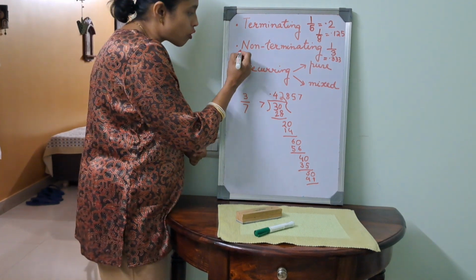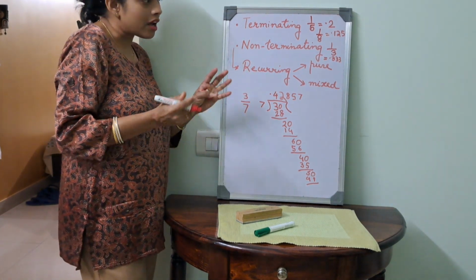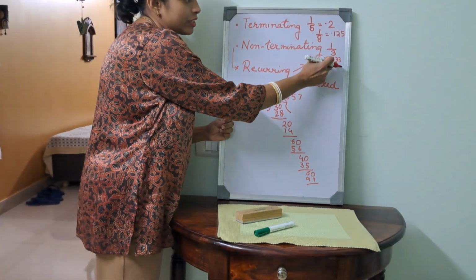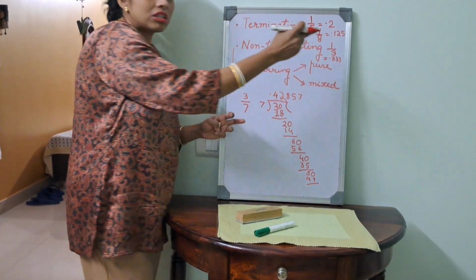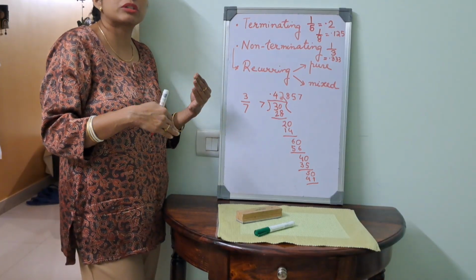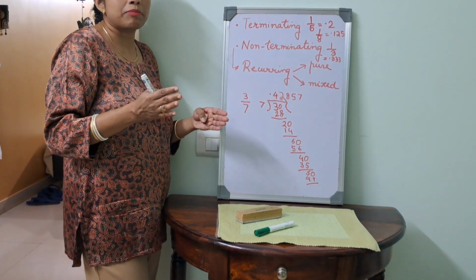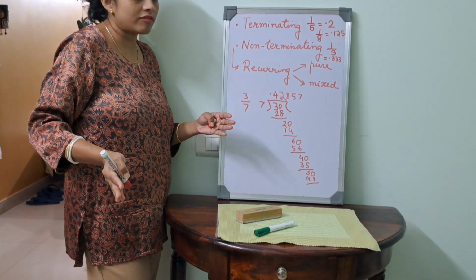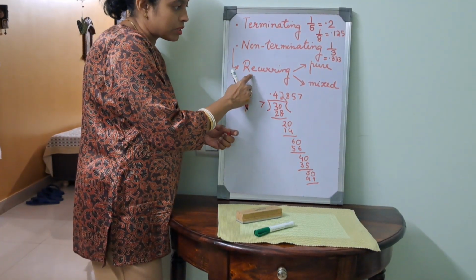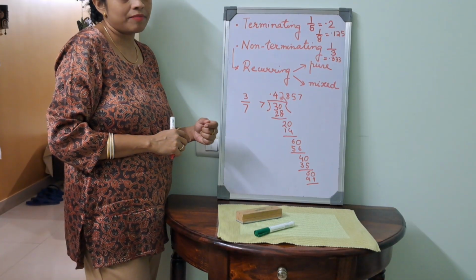Now this non-terminating decimal number has another part, which we did over here just now, 0.3333. There are a few rational numbers which, when converted into decimals, the digits after the decimal point keep on repeating themselves. Those types of numbers are called non-terminating recurring decimals.